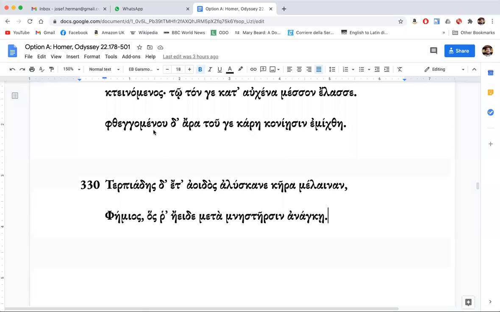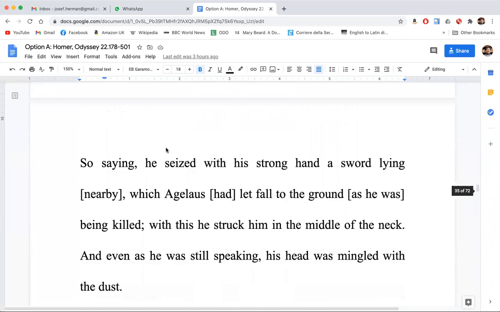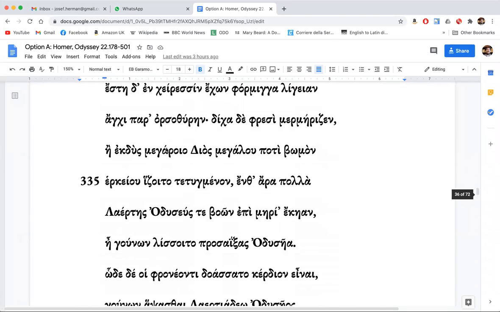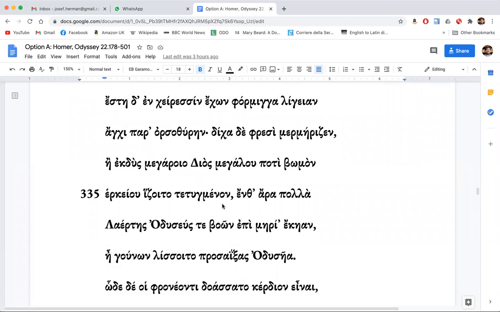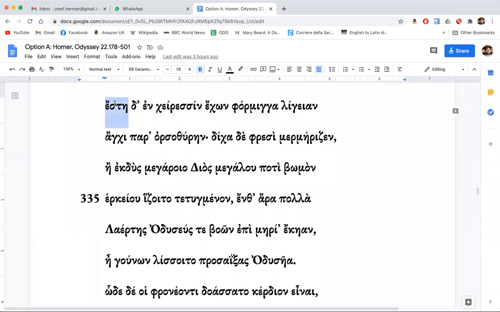And then let's go on here. So now page 36. And so we're now hearing about Phemius, okay? So he stood, este, and you could translate de if you want to, as and, you could say and he stood. I don't think that makes great sense in English, so I left it out. I ignored it in my translation.